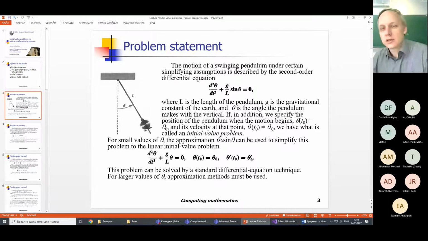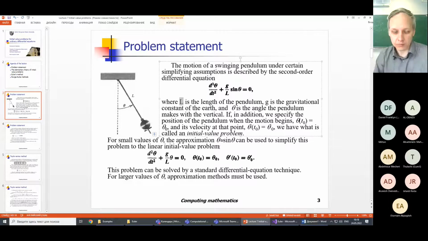The second derivative of theta, d squared theta over dt squared, plus g over L sine theta equals 0, where L is the length of the pendulum, g is the so-called gravitational constant of the Earth, and theta is the angle.